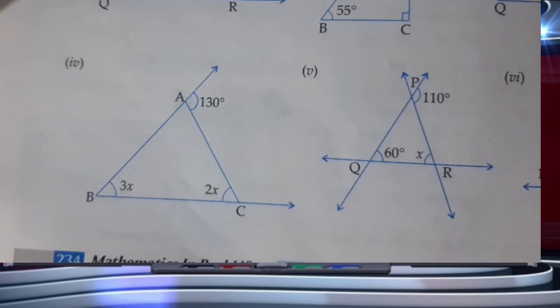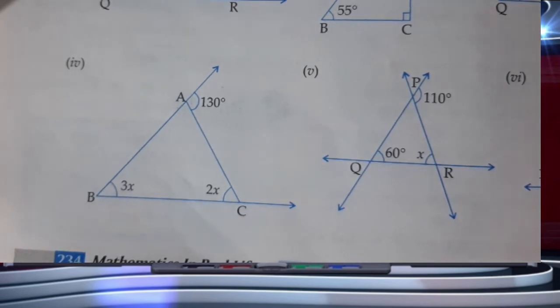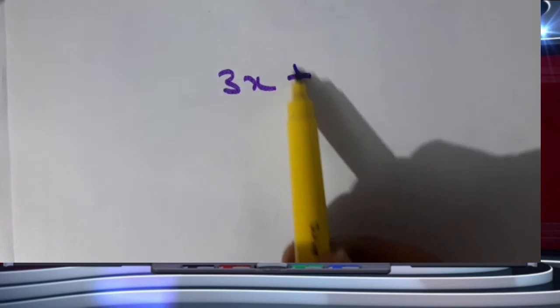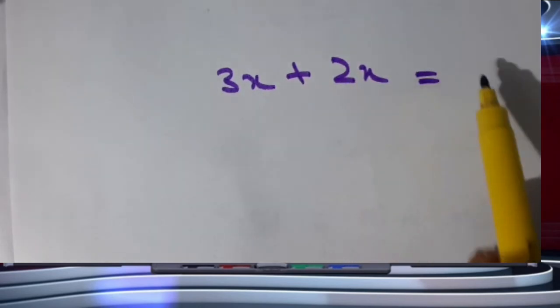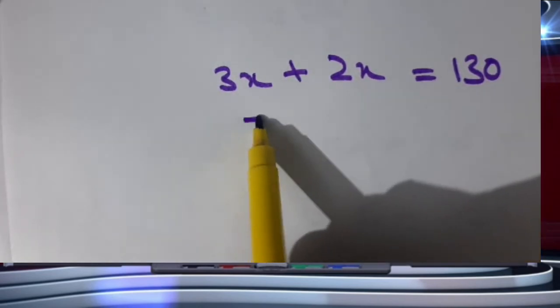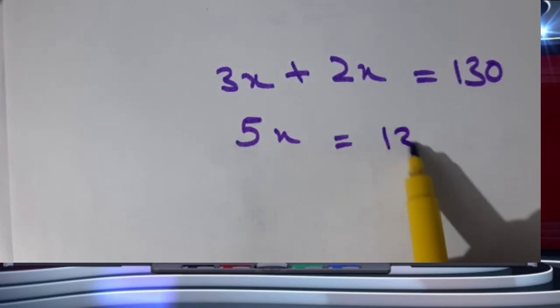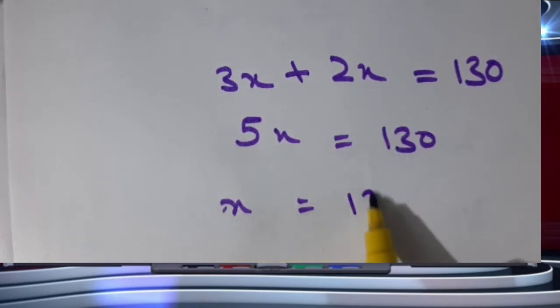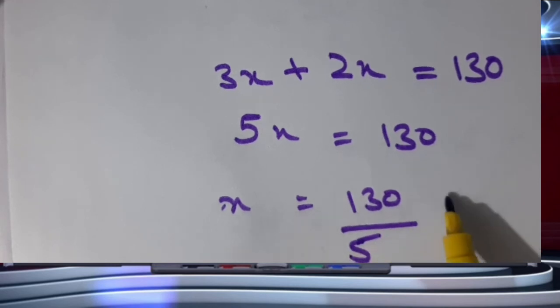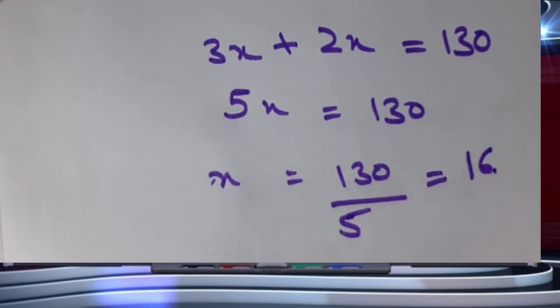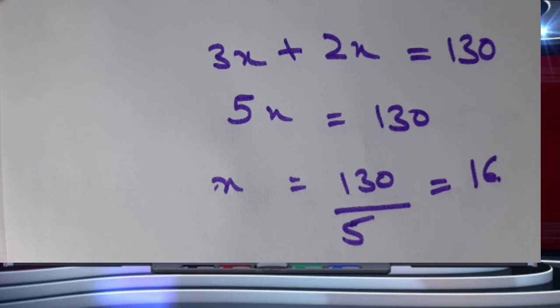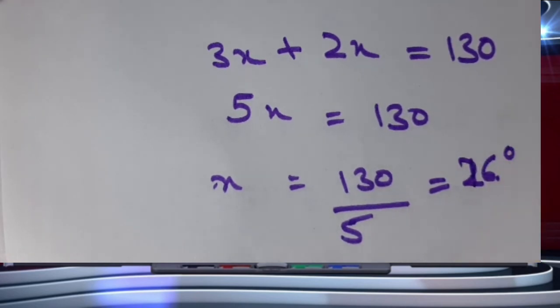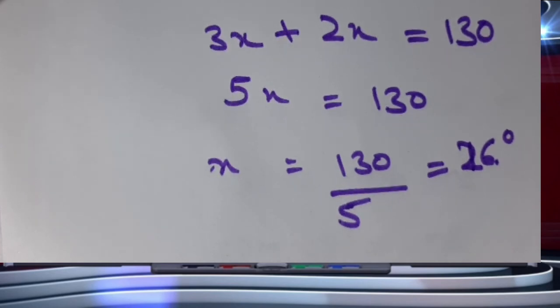See students, I am using the exterior angle theorem here. 3x plus 2x is equal to 130. 5x is equal to 130. x is equal to 130 by 5. 5 twos are 10, so x is equal to 26 degree.